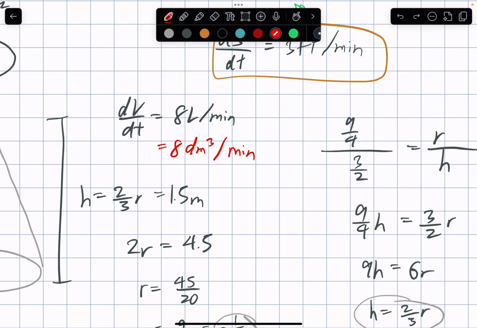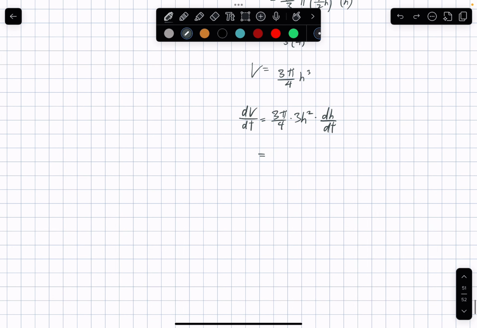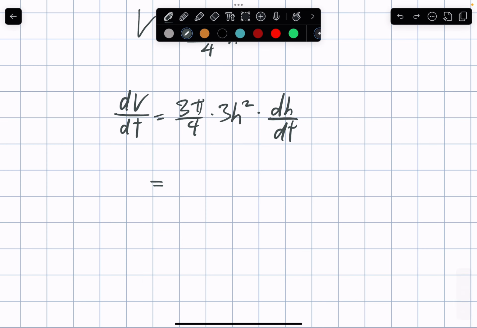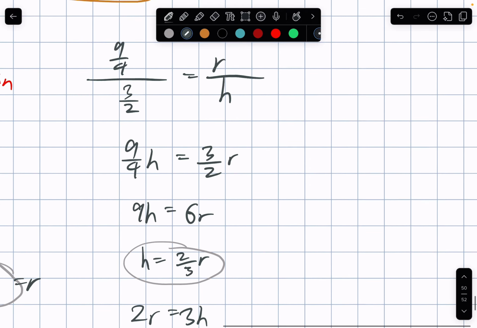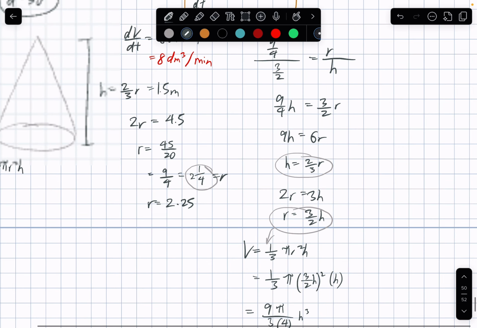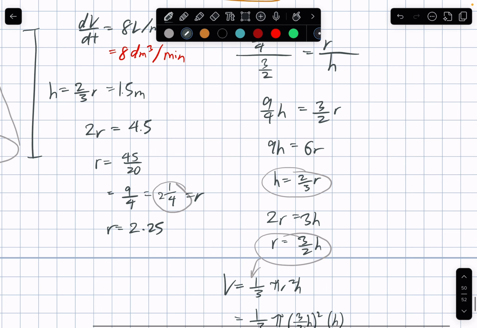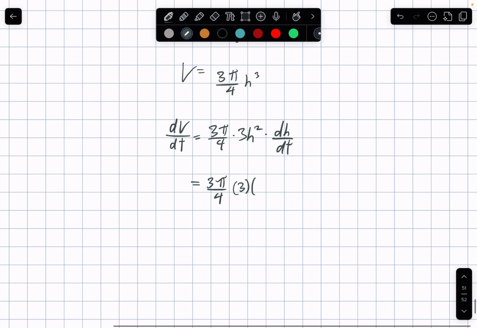Liter and dm cubed are the same. So 3 pi over 4 times 3 times height, which is, what is the height? 1.5 or 3 over 2.